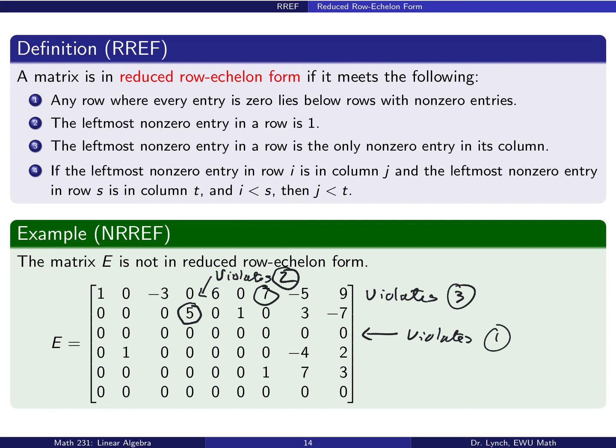Also, we have an entry in a pivot column that's non-zero, right? So that 7 in the first row and 6th column violates rule number 3.